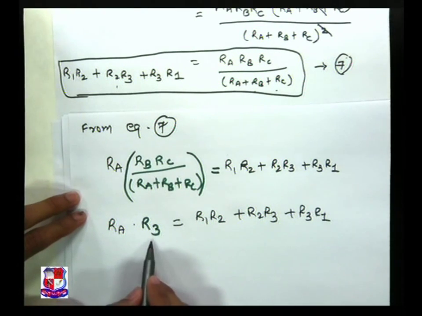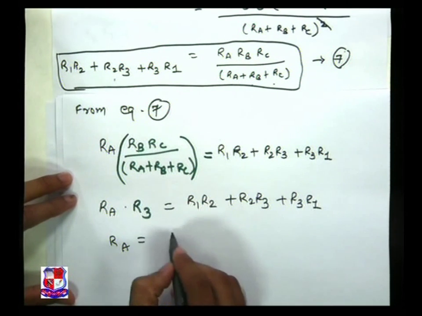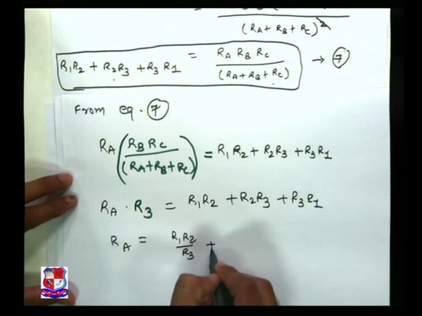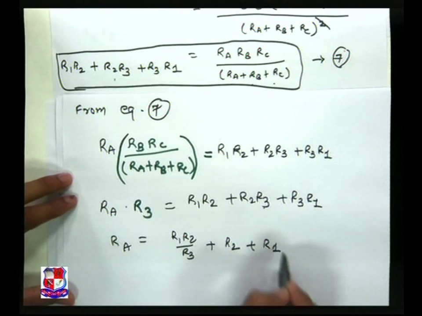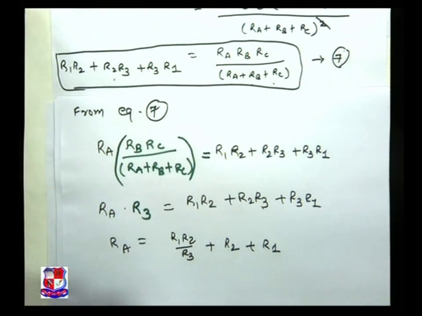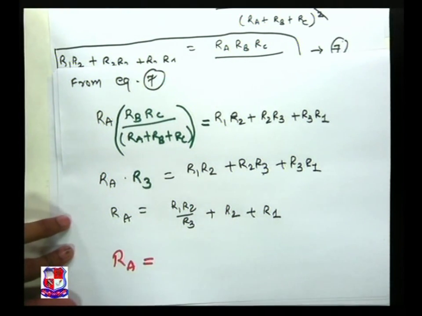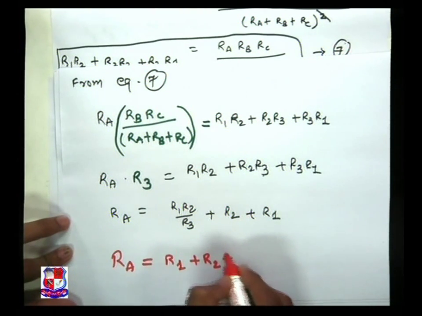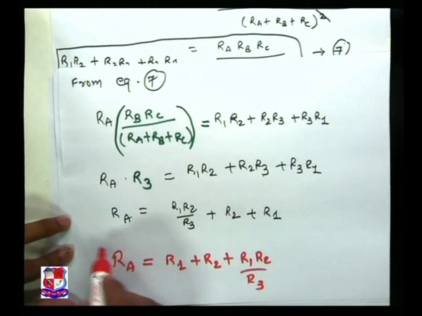Now R3 in multiplication goes into division, then we get R1 R2 upon R3 plus R2, because R3 cancels, and plus R1. By arranging these terms, we get RA equal to R1 plus R2 plus R1 R2 upon R3.